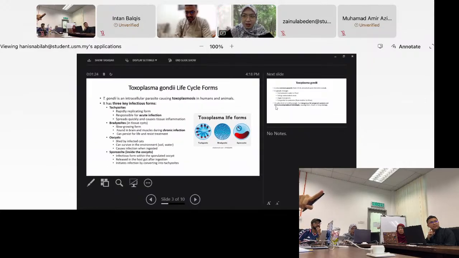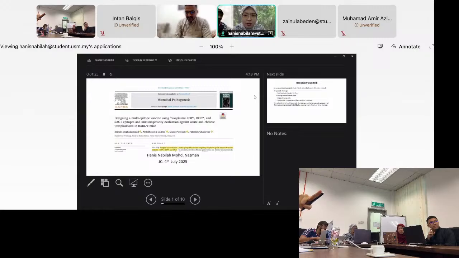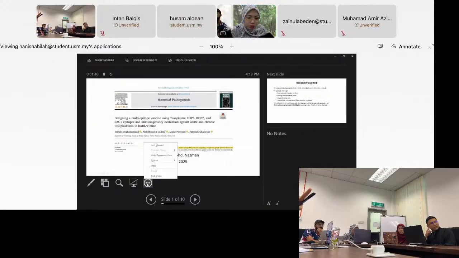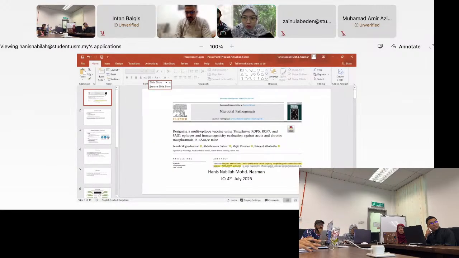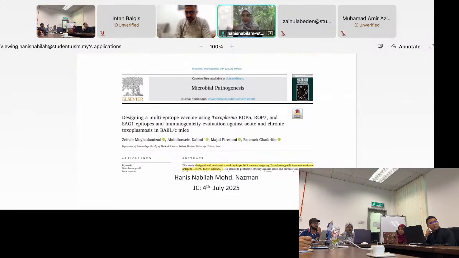On the bottom left corner. Just click this. Okay, that triple dot. Hide presenter view, or maybe you can swap because in Mac you can swap the. Okay. Oh, macam mana?